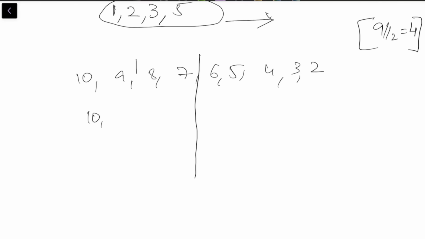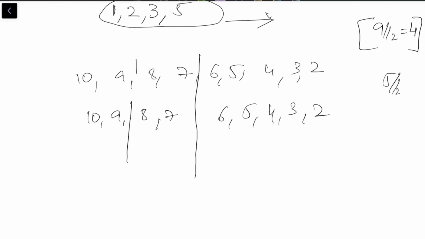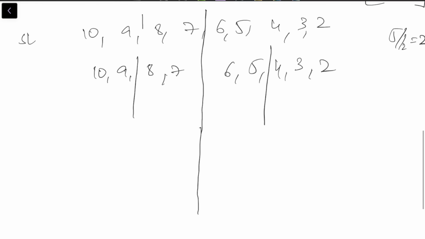So we'll have the left array as 9, 8, 7, 6, 5, 4, 3, 2. Now we'll split this into half, and we'll split it like this. You're getting it, right? Here it's step 1, here it's step 2.